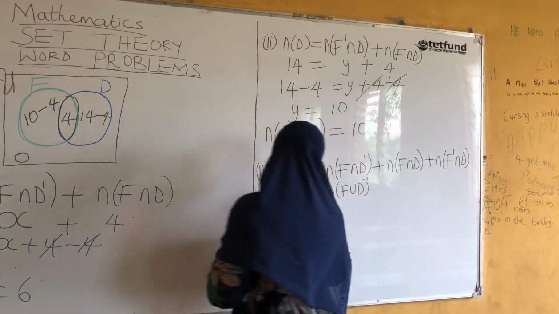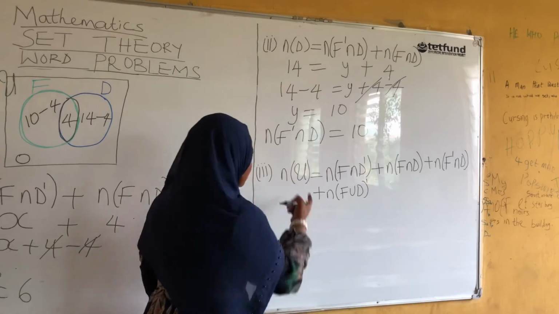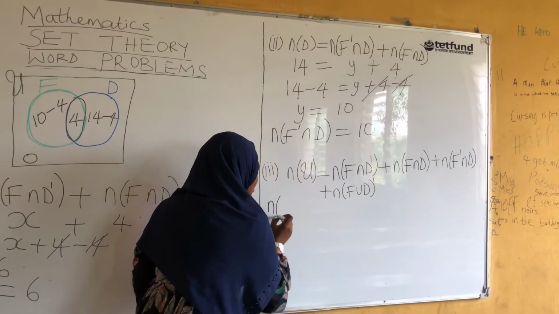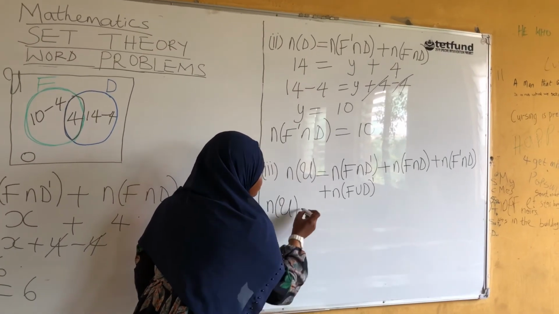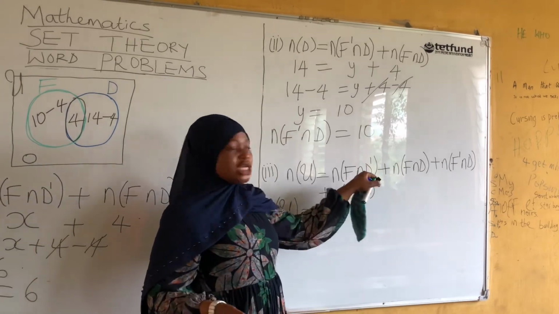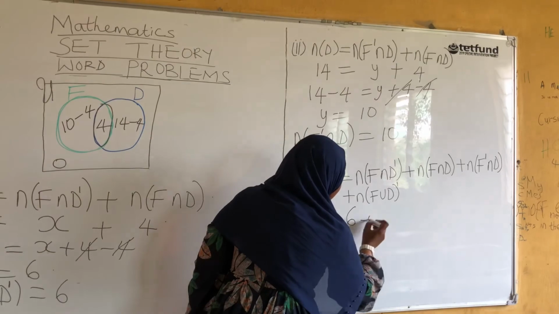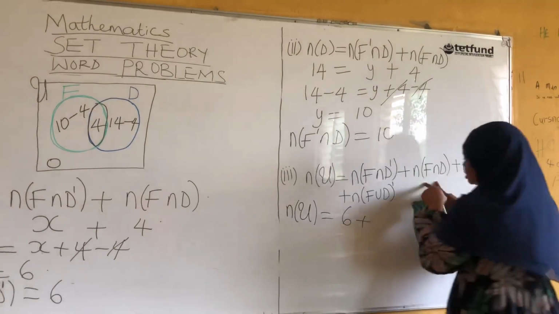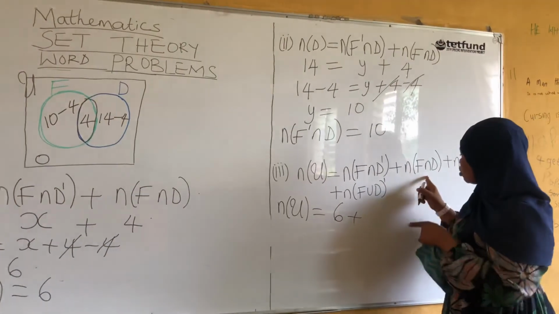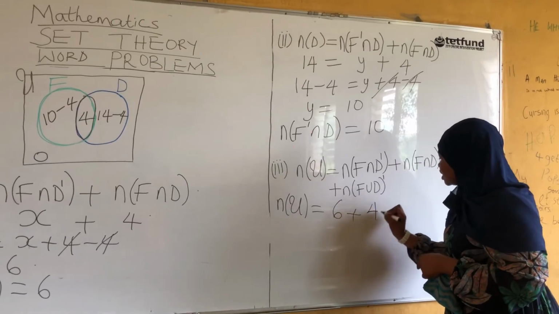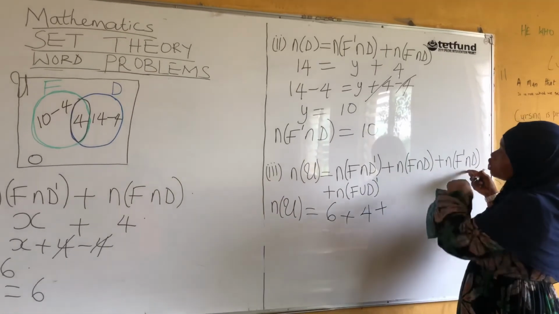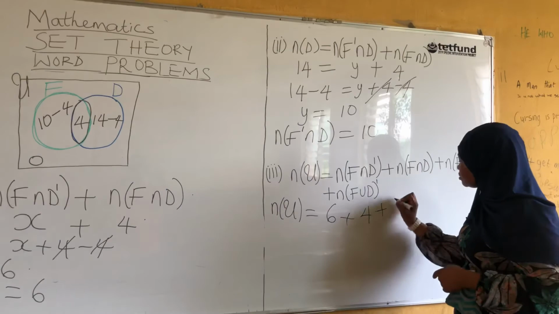So we have to substitute the value of everything now. We write it back. Those that dance to Fuji only, we got 6 for it. So 6 plus those that dance to both music, we were given to be equal to 4. And those that dance to disco only, we got them to be 10.